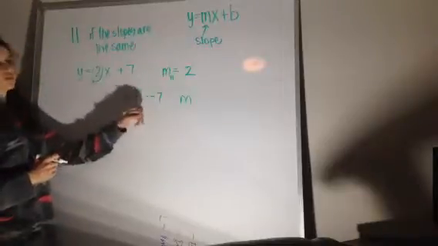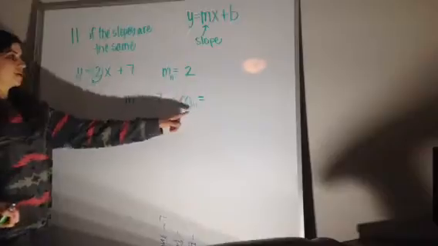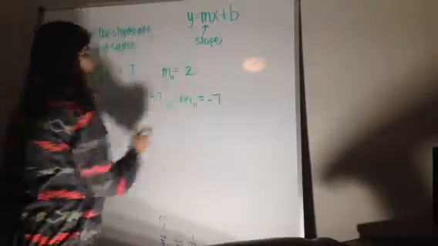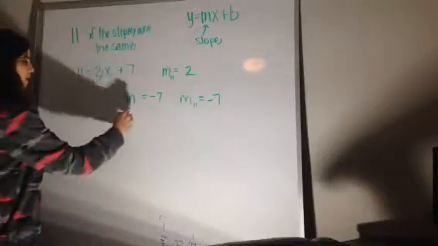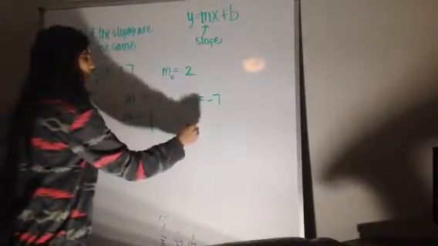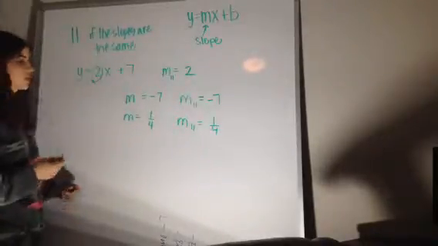If I have a slope of negative 7 and I want the slope of a parallel line, then we just want it to be negative 7 again. If I have 1/4 as the slope, then a parallel line would be 1/4, and that's it.